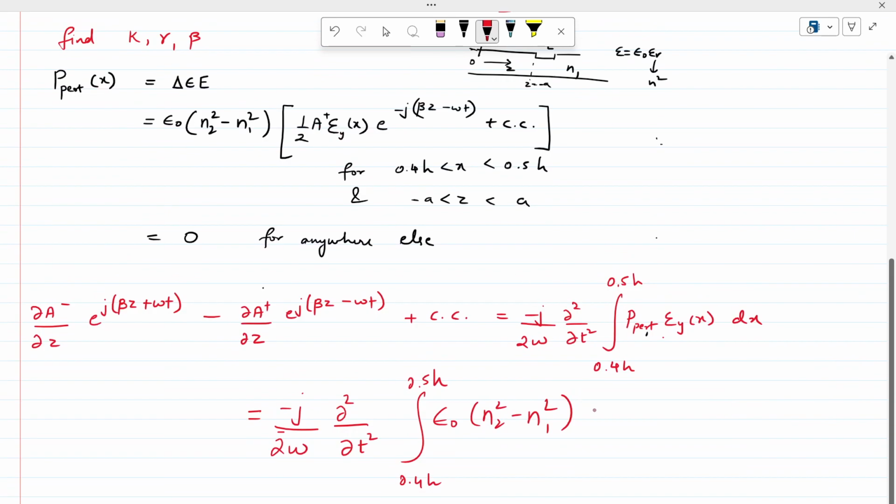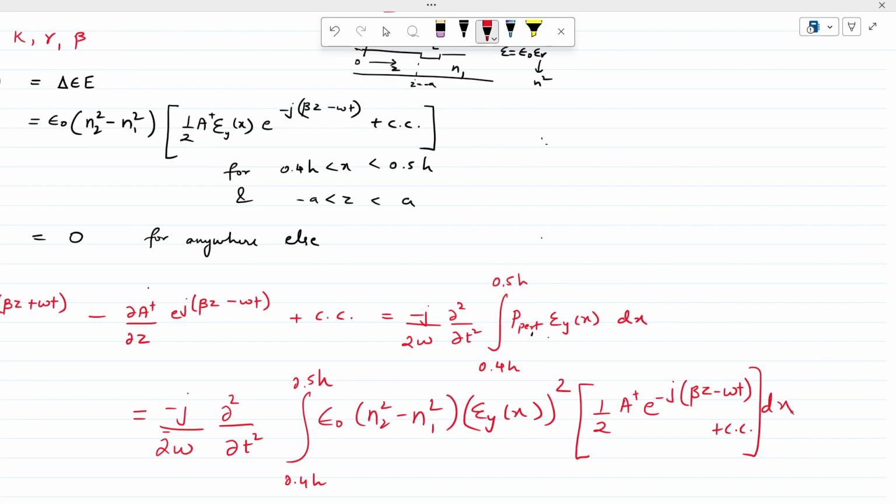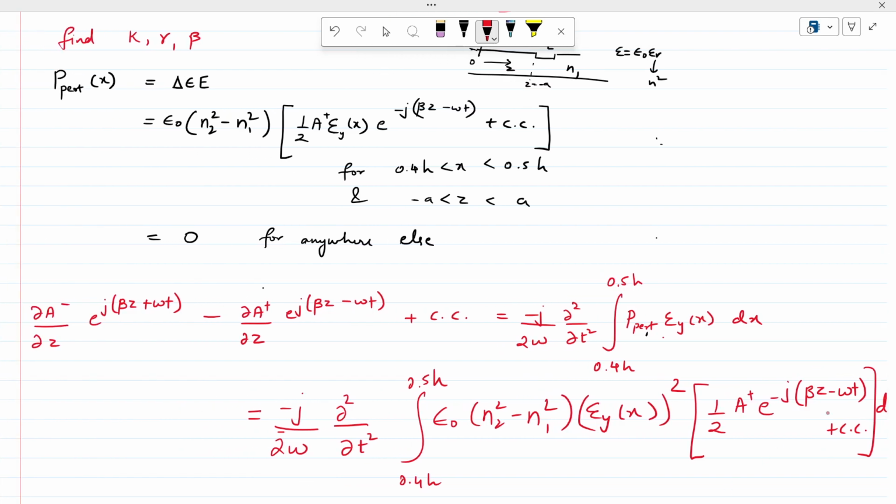Then there will be an Ey of x squared, and then the rest of the terms, that is half A plus e power minus j beta z minus omega t plus complex conjugate, dx. So of course the integral is in dx.